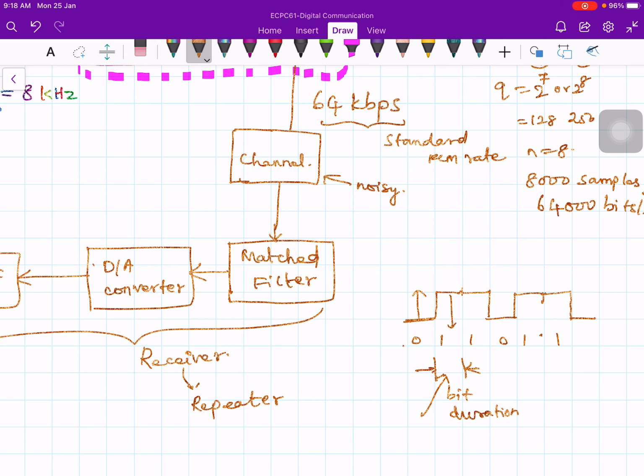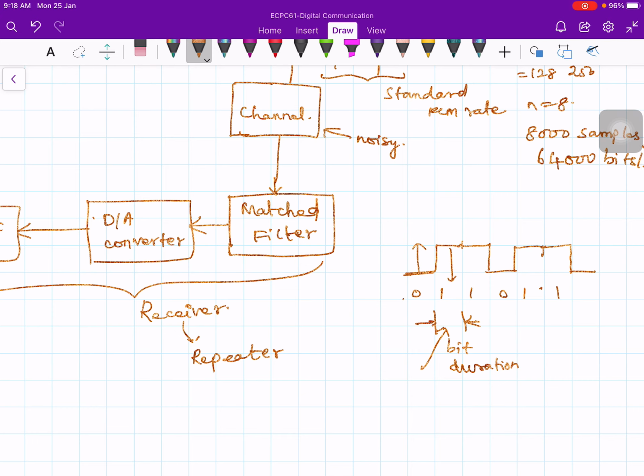So this decision is a non-trivial decision to make, because the pulses coming along with a lot of noise may be affected. So that is the reason we need to put up the matched filter. It may not be obvious to determine whether 1 has been transmitted or 0 has been transmitted from the noisy signal, because the noisy signal is very weak to immediately see whether it contains a 1 or 0.